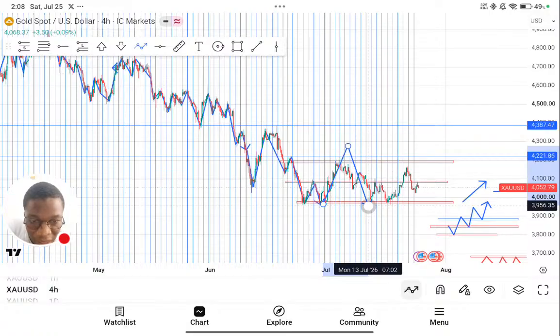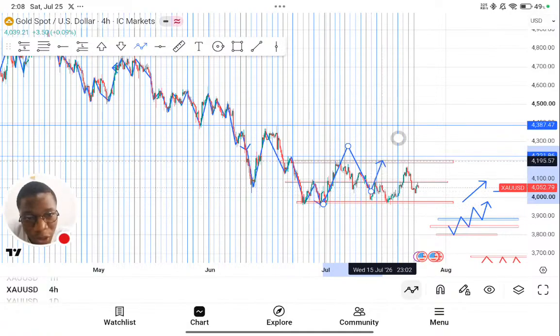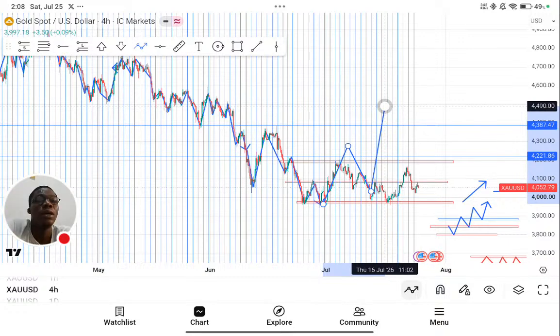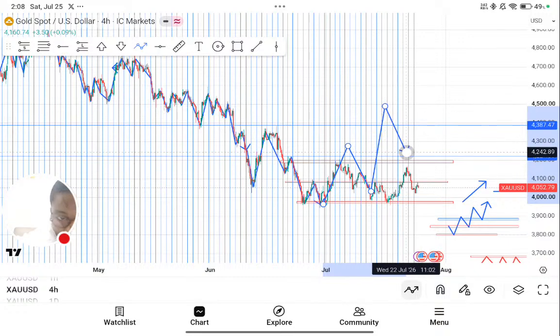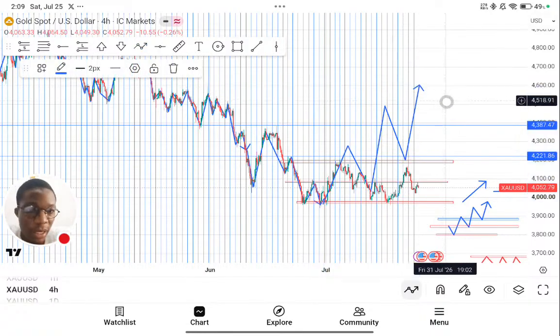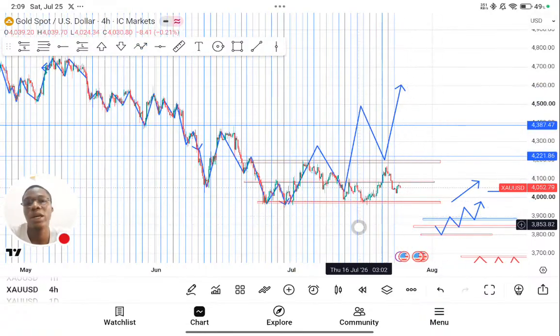If it likes, let it come here, but so long as it doesn't take out the previous low, go on ahead and make a new high again, then come back and make a higher low, and then makes a new high. Then at this point is when we would say we are in an uptrend.